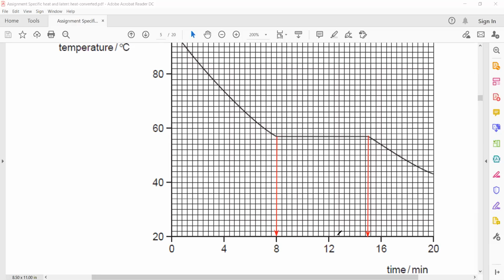So this is 12.4, 12.8, 13.2, 13.6, 14, 14.4, 14.8, and approximately 15. So how much time will it take to solidify? It started when the time was 8 minutes and continued to solidify till 15 minutes. What is the time interval here?